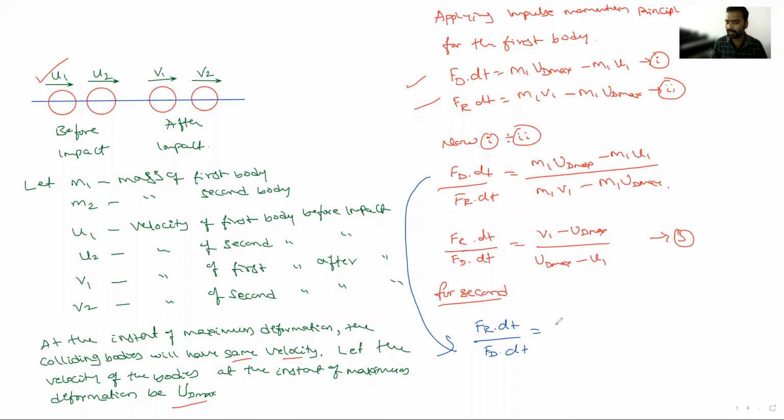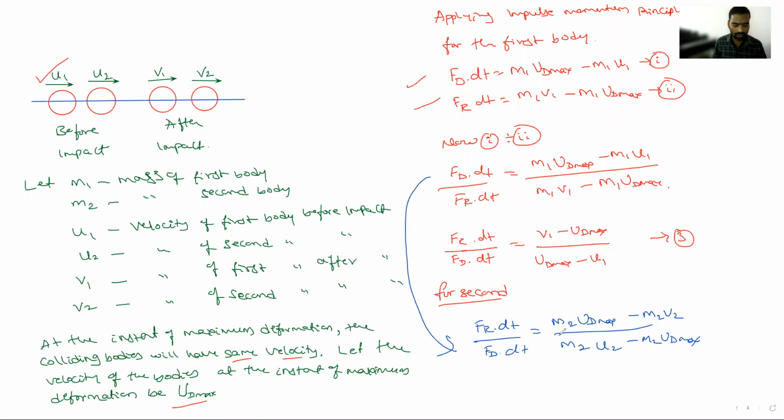During the restitution period, what will be the maximum velocity? M2 V2 minus M2 ud max, divided by M2 ud max minus M2 U2.